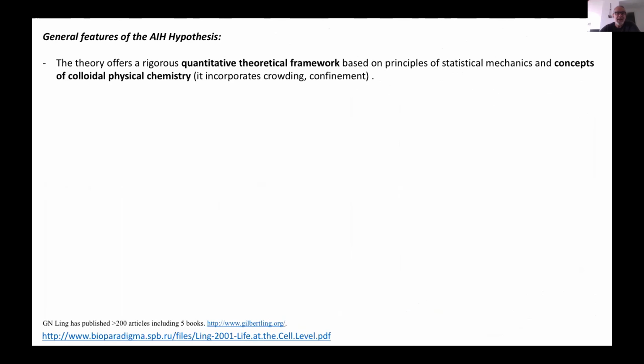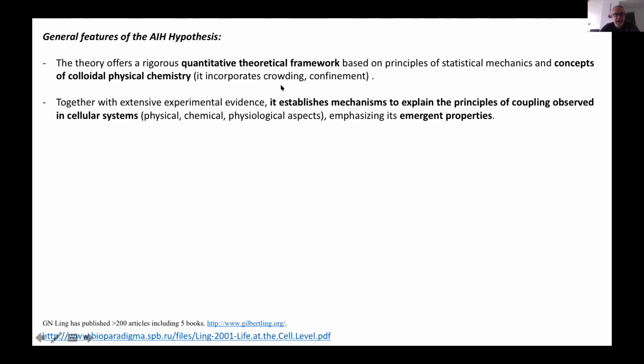Well, which are the general features of this theory? First of all, this is a quantitative theoretical framework based on the concept of fixed polyelectrolytes in the cells and association processes with ions, right? Where crowding and confinement are really important issues.